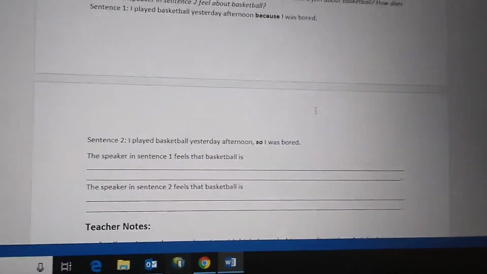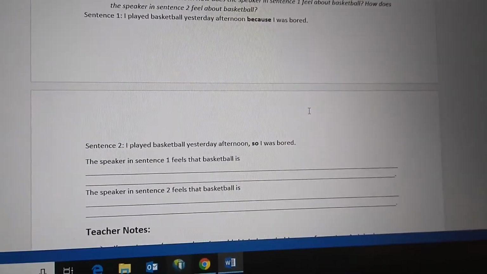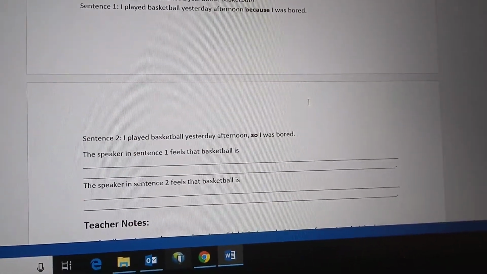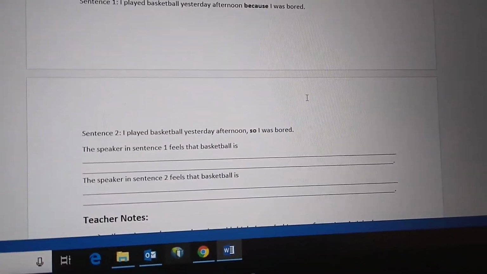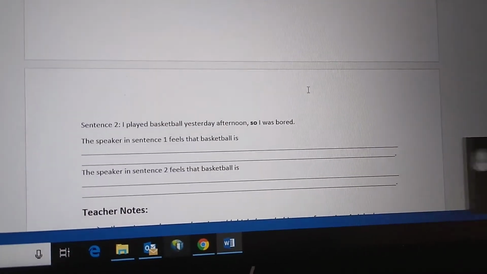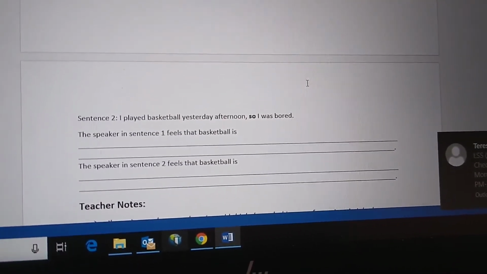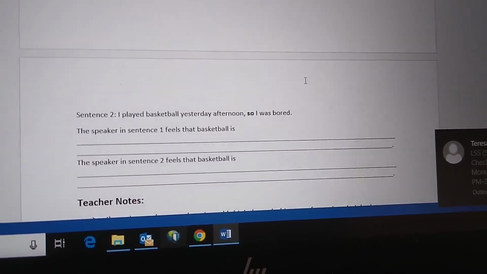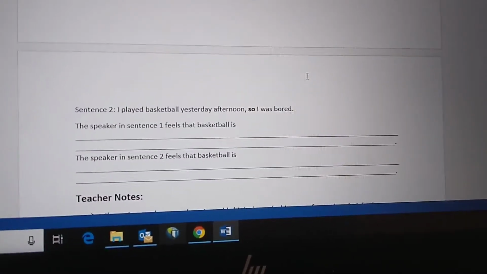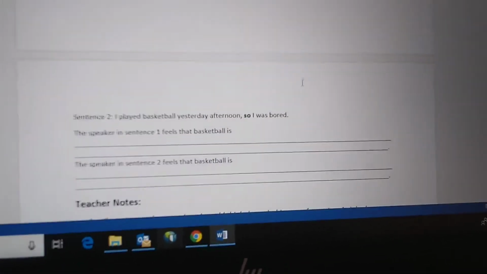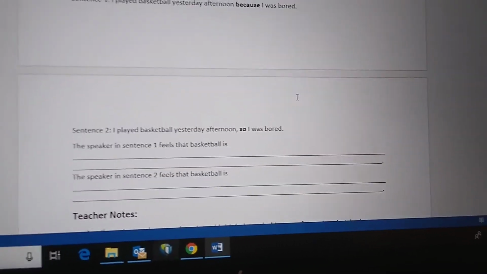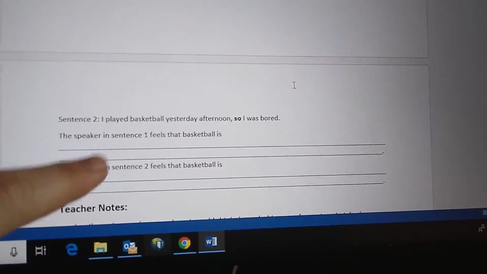And then for sentence 2, I played basketball yesterday, so I was bored. So if this speaker is playing basketball and so he was bored, how is that speaker feeling about basketball? Go ahead and write that in the second blank.